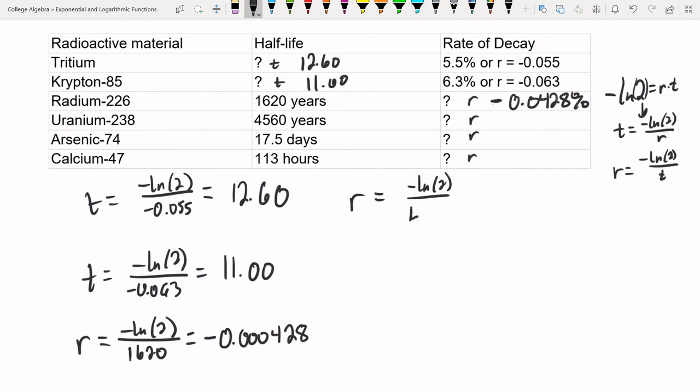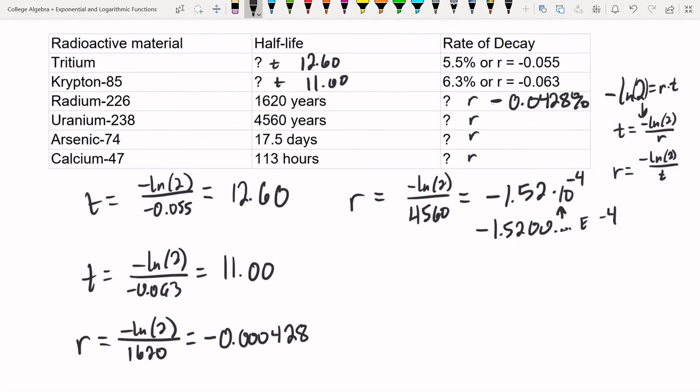over 4560, giving me negative 1 point. I'll just write out what I have on the calculator, times 10 to the negative 4. On the calculator, it looks like this, 1.520. There's a bunch of decimal numbers that I'm not writing down. Then it has an e negative 4.